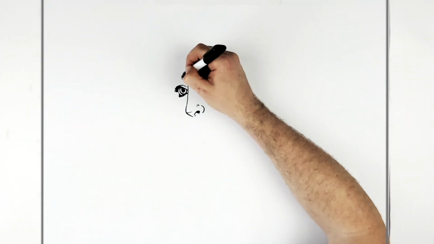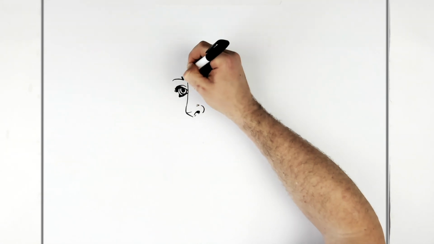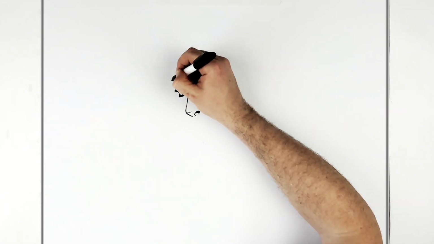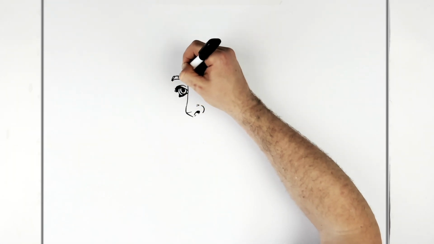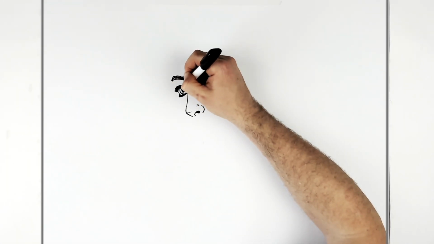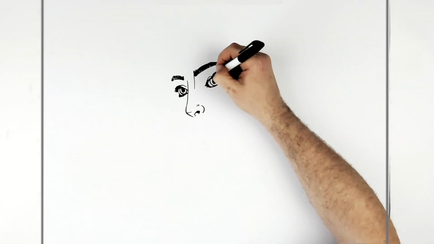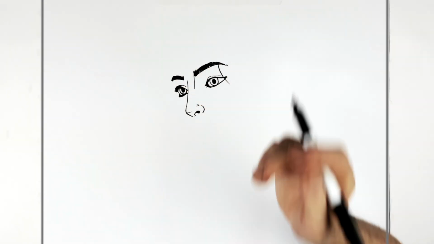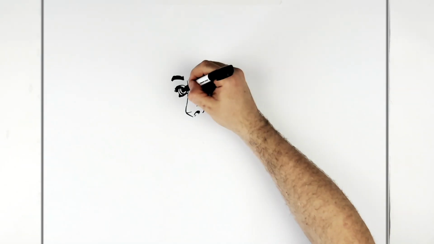So her eyebrow, just here, comes up, and it's much smaller now than the other one because it goes around the back of her head. Like so, right?